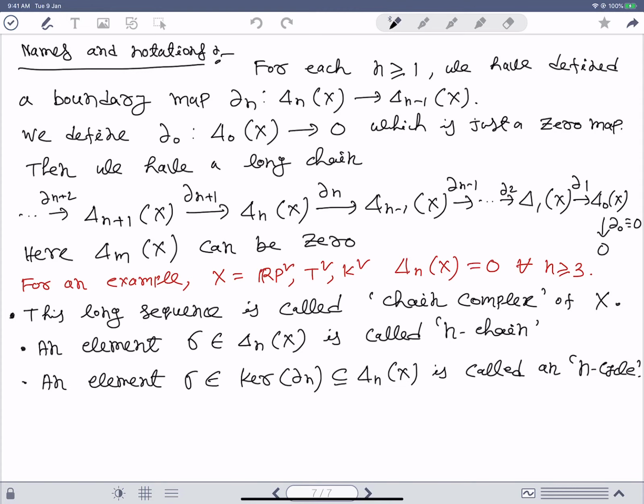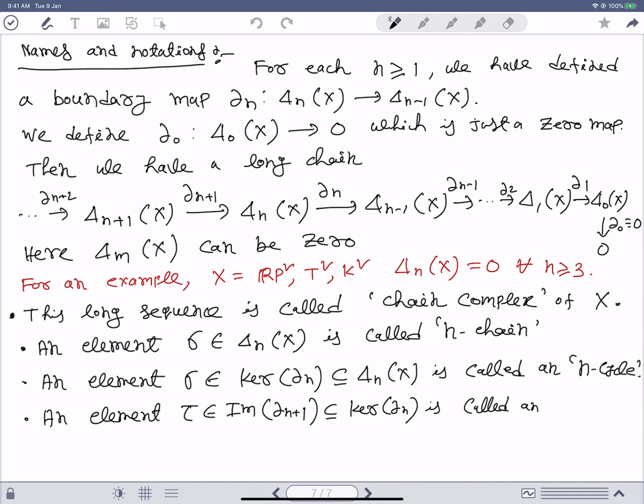And an element, say some tau, belonging to the image of del n plus 1, which is again a subgroup of the kernel of del n, is called an n boundary.